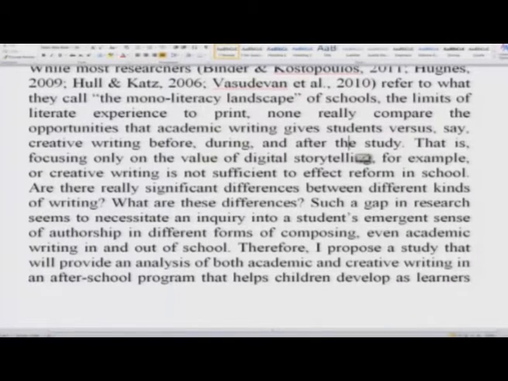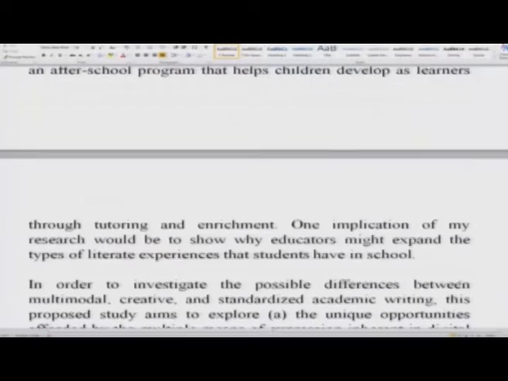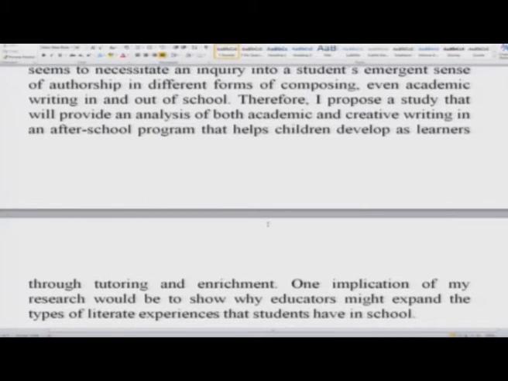Therefore, I propose a study that will provide an analysis of both academic and creative writing in an after school program that helps children develop as learners through tutoring and enrichment. So, this is clearly the research proposed, the purpose of this study, the research question you can also say.